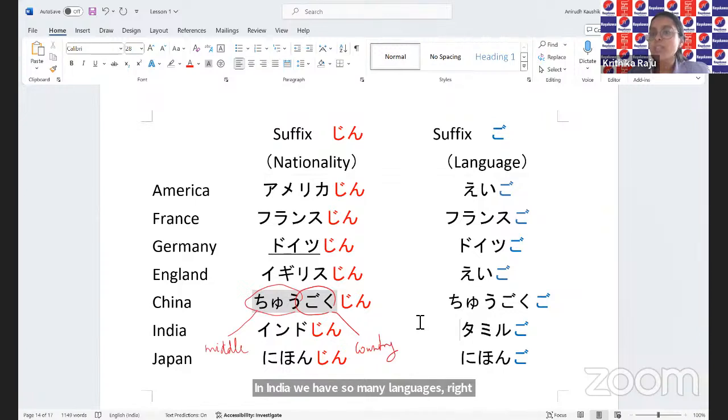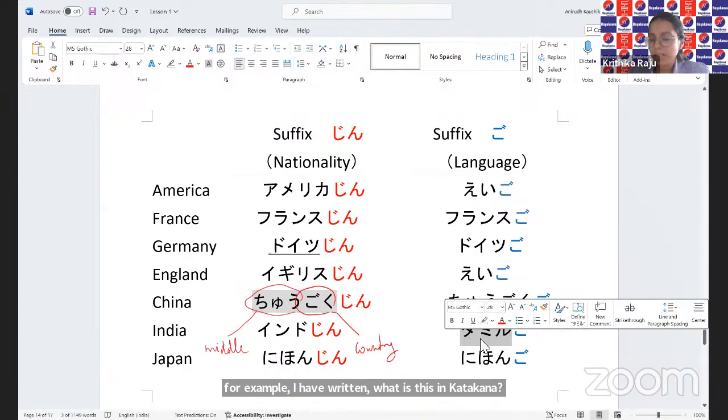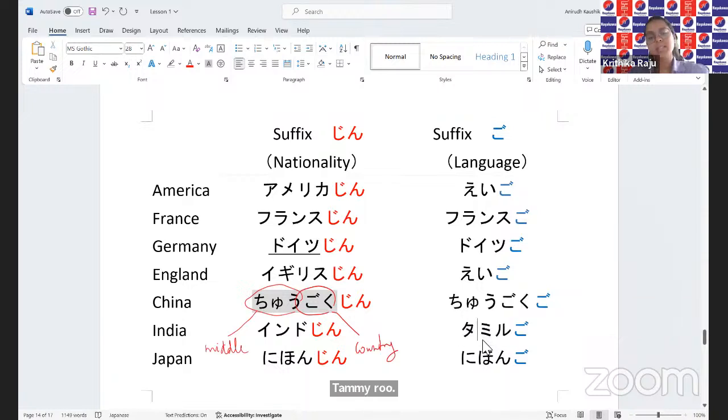So Indo-go refers to what exactly? It makes no sense. So whatever the languages, here, for example, I have written, what is this in katakana? Tamil. Tamil is Tamil. The Tamil language, for instance, will be Tamil-go, Hindi-go, okay, and so on. Telugu-go, whatever. So you take the name of the language, say it in Japanese, and then add go, so the Japanese know it is a language.